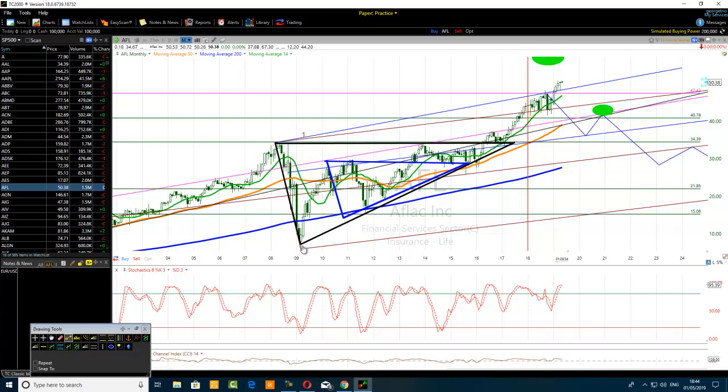The height of the triangle, in my view, should be vertical. So when I'm looking at this black triangle, I will not use this section as the height. I will use this vertical as the height of the triangle to determine the ultimate target and the midpoint target.